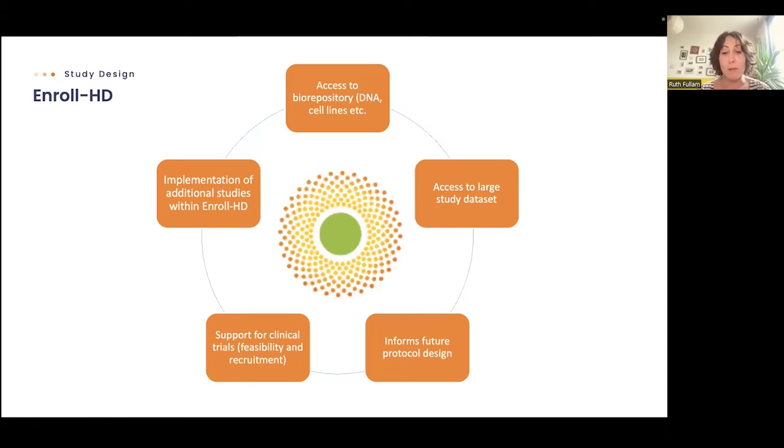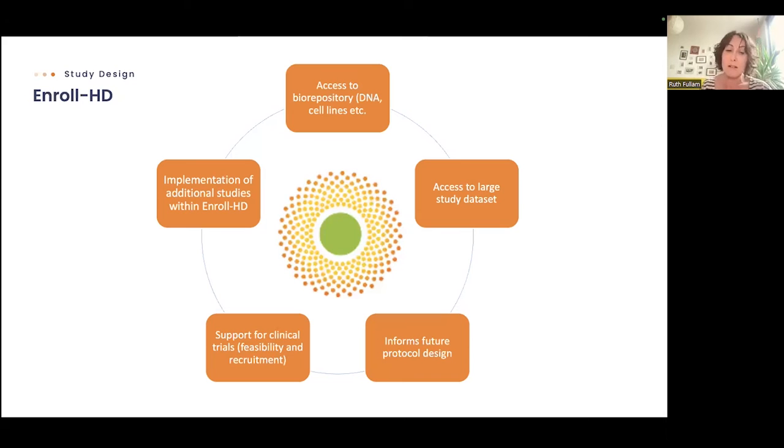You have to work out which sites you're going to work with, how you're going to do it, how you're going to collect the data. All of that delays the implementation of studies. It just slows everything up.